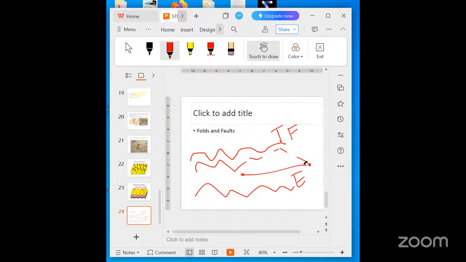Folds are best displayed by stratified formations like sedimentary, volcanic or metamorphic rocks. Folds vary in size from centimeters on outcrop scale to hundreds of kilometers on the regional scale.